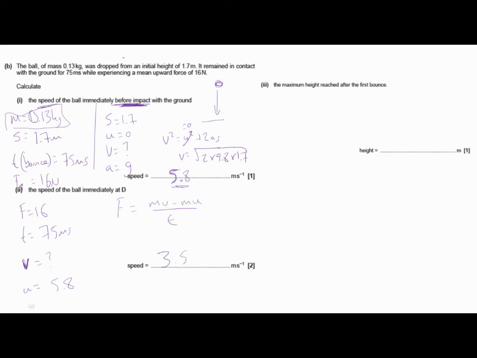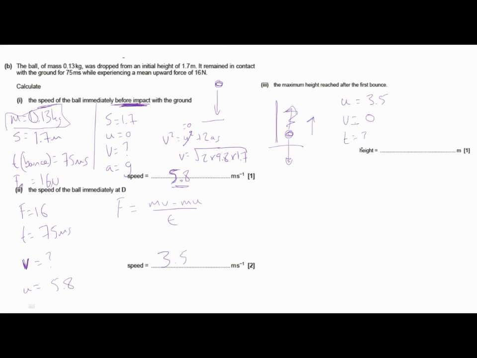The maximum height reached after the first bounce: now we've got a ball off the ground, moving up, accelerating down with G. So this becomes a SUVAT problem again. So our initial velocity is our answer to the previous question. Our final velocity is obviously 0 when it gets to the top of the bounce, just before it comes back down again.